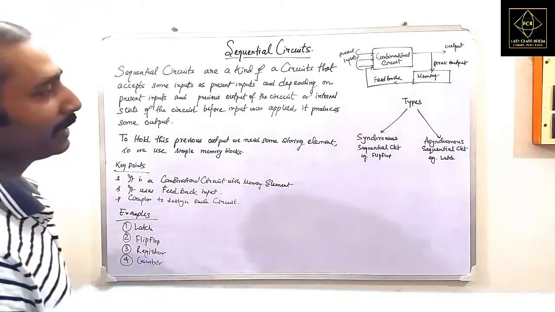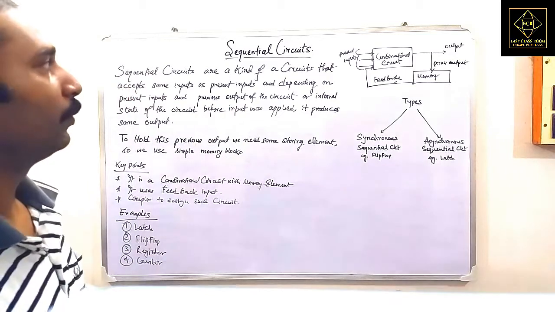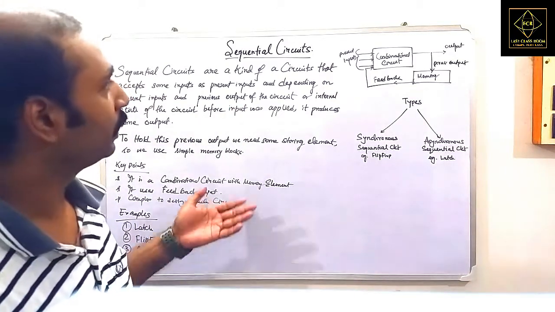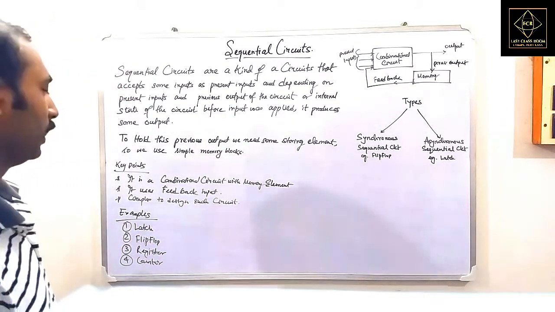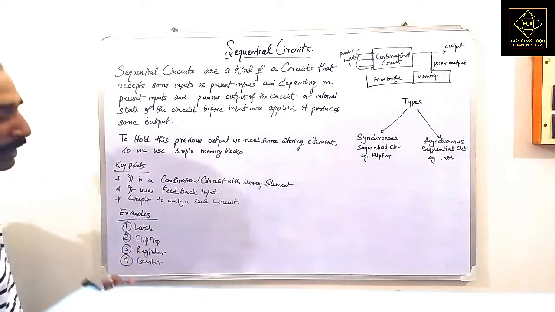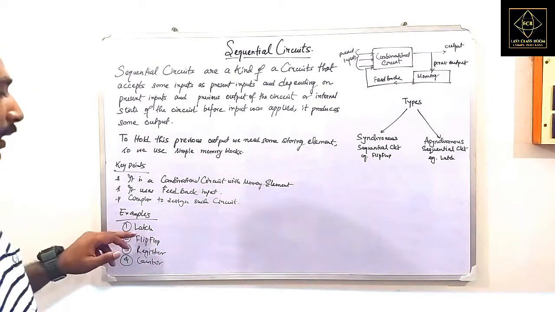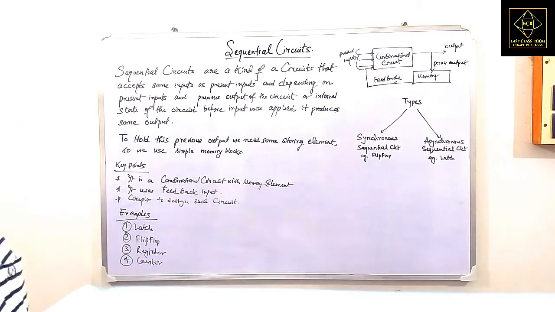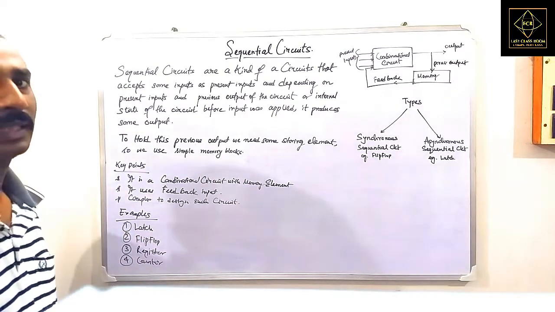These are the basic things we need to understand before we go further in sequential circuits. Examples include latches, flip-flops, registers, counters, and many more.